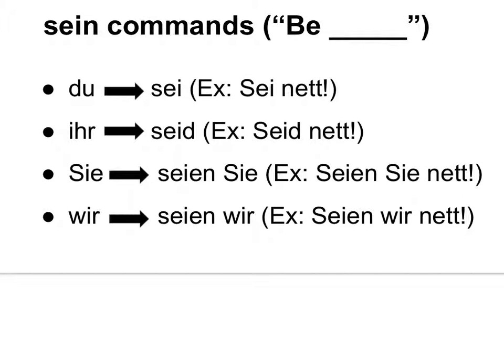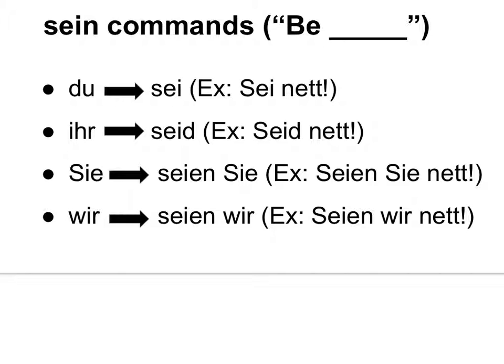Sein is goofy, just like every other form of sein is goofy. So this is one that doesn't follow the pattern of anything. So these are conjugations for it that you will need. Doesn't really work in a verb T necessarily. But if you're going to say the du command form for sein, you'll just say sei. So then if you put something like nett after it, what does sei nett mean? Be nice.